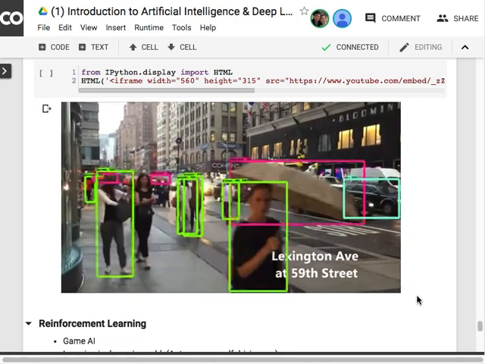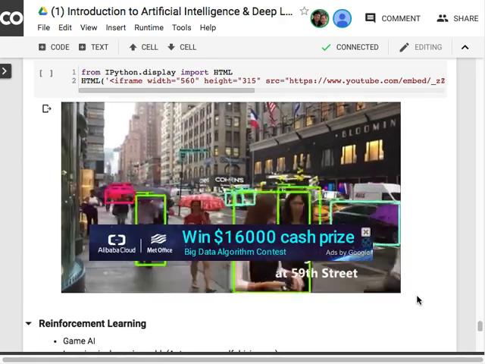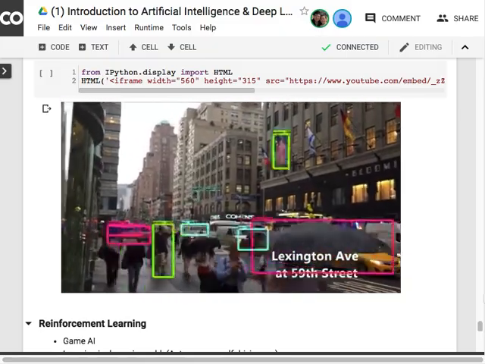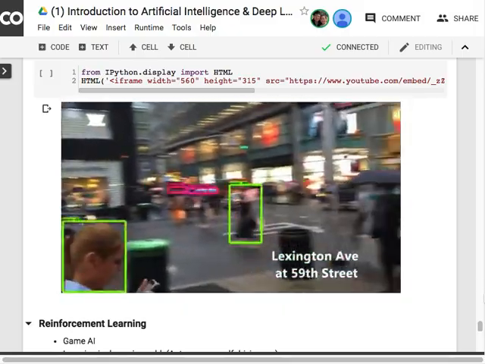Something like this is the video image for detecting objects in real-time movies, and this is the CNN. Okay.